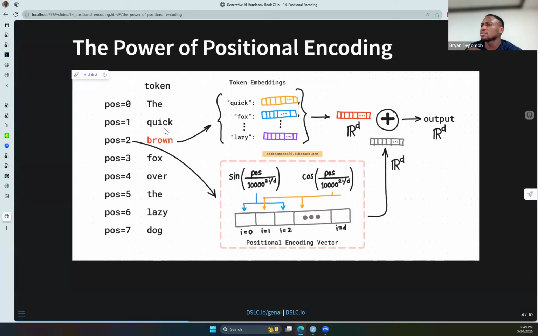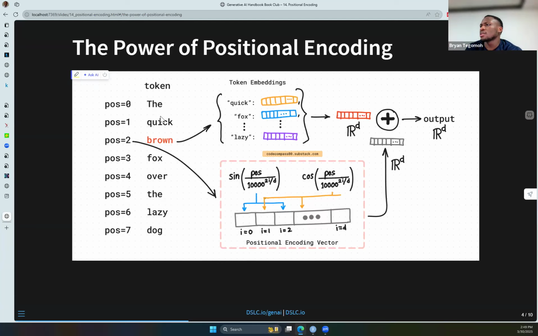Here's another image that describes this. Essentially, you're trying to put some order in the sentence structure within the text. So you're attributing positions to different words that might appear in the text.